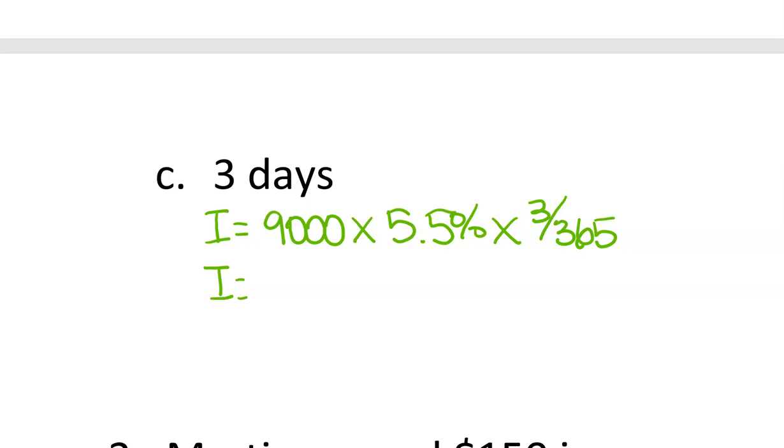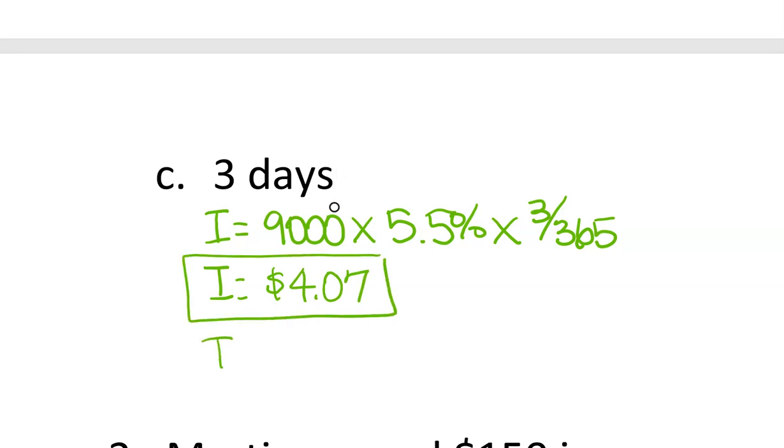Either way, you get the same thing. Okay, so multiplying this one out, you get $4, and you have to round it, so it's $4.07. And then the total then would be $9,000 plus $4.07.